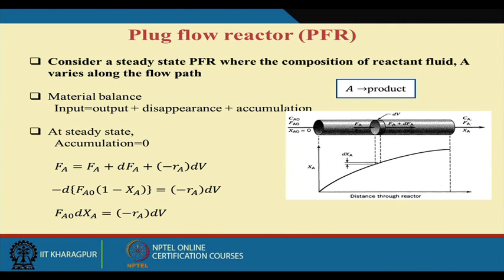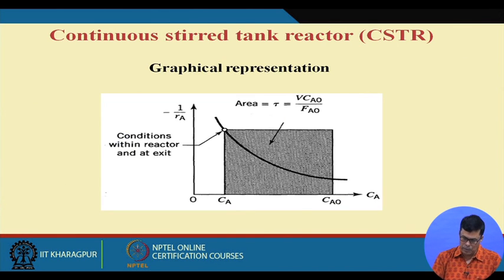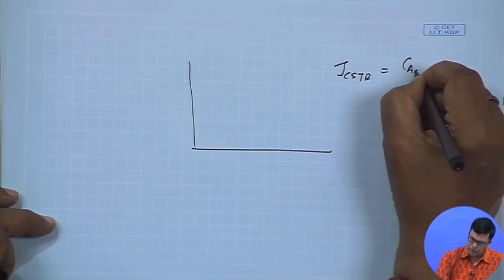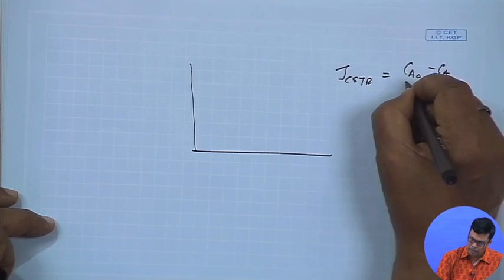But before that, let me discuss this one, because last time I discussed the batch process. In the tau CSTR, you can remember we derived the equation like this: CA0 minus CA by minus RA.